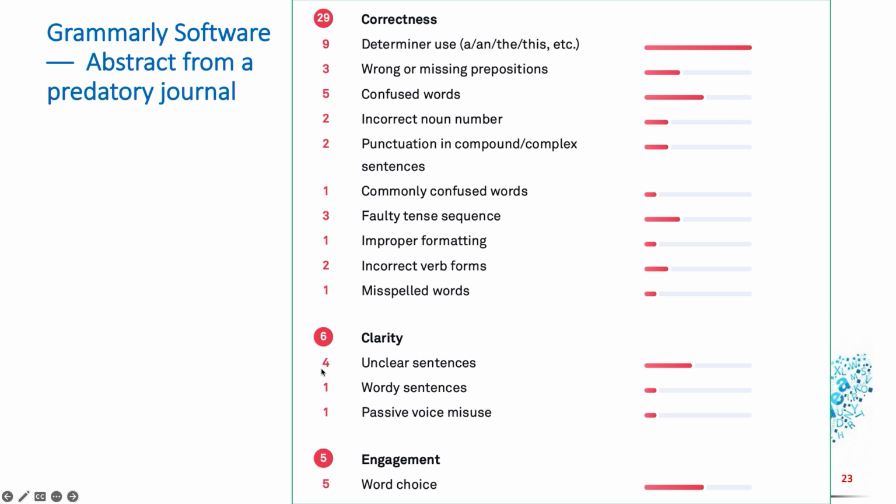Now I have taken only one page. I showed you only one page. In that page you get all of this, not the entire manuscript. If you take the entire manuscript, this would be miles long, right? So clarity is also bad. Engagement, word choice, 5.